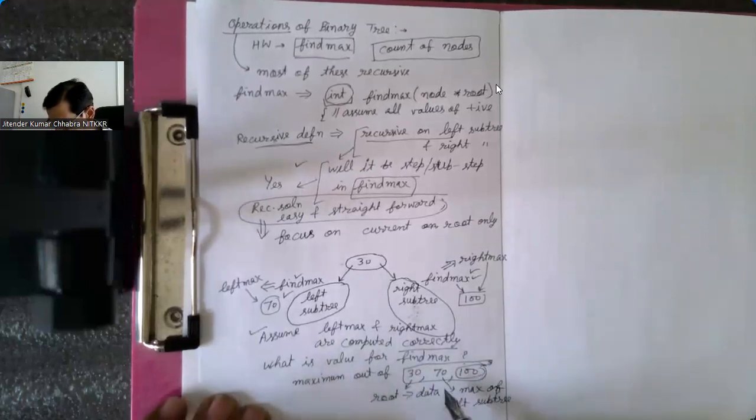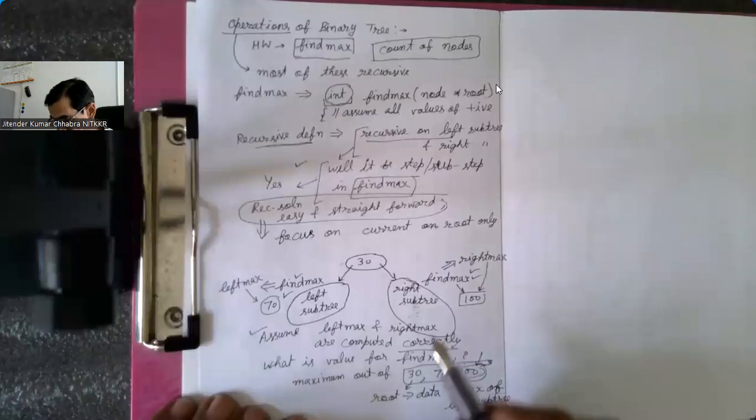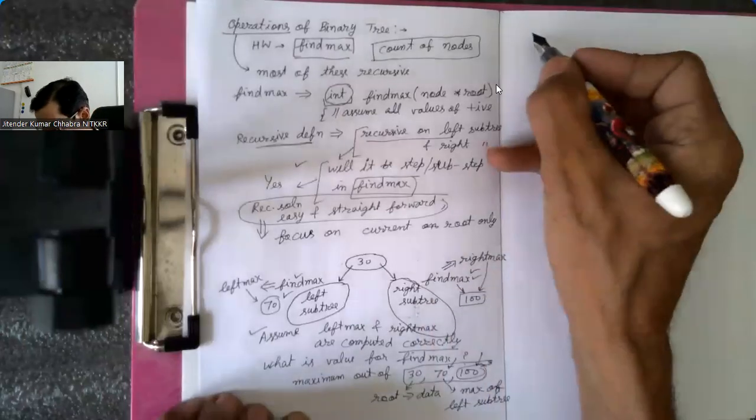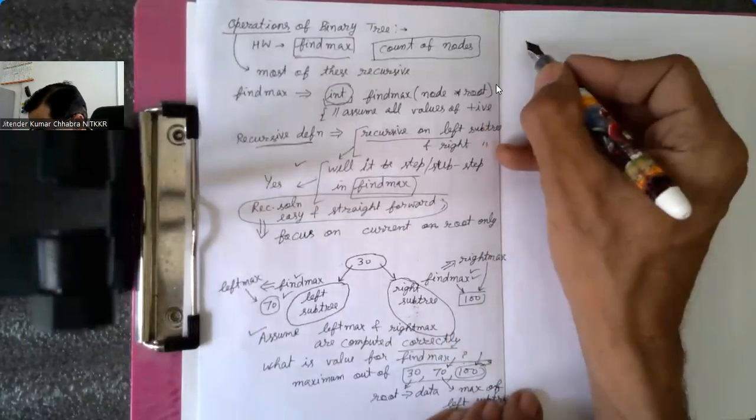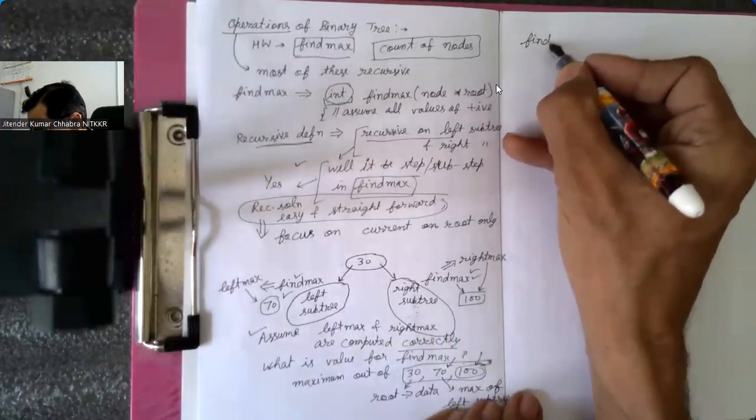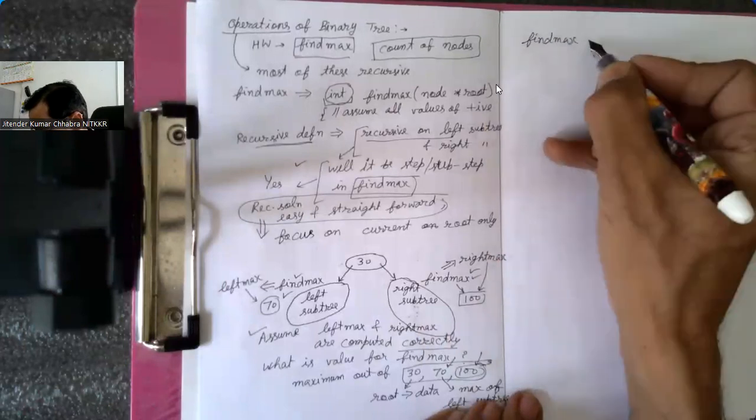So what I say is, now you are not bothered how 70 came, how 100 came, assume it came correctly. Can you find the correct value? This becomes effectively a recursive definition. So I say, find max is recursively applicable, how?